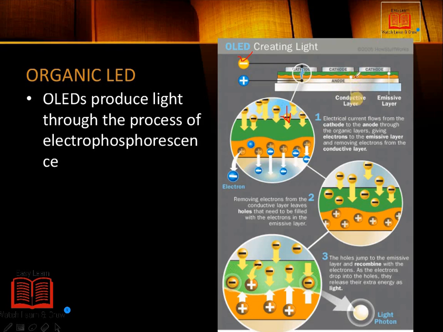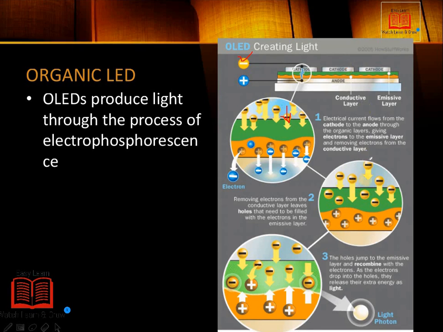When they leave, there are some holes, a vacancy available. We can say these are the holes, and holes carry positive charge. Although holes carry no charge in reality, with respect to negative charge we can say this is the positive charge. So these holes act as a positive charge in this layer right now.